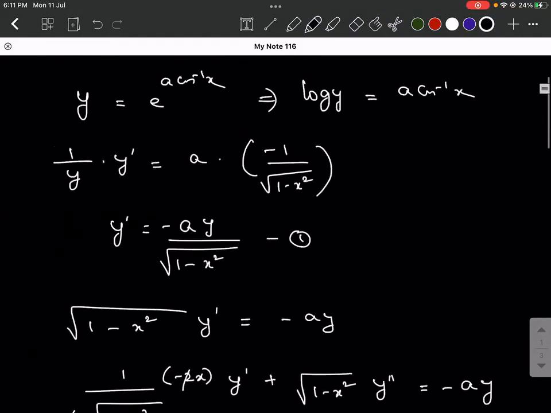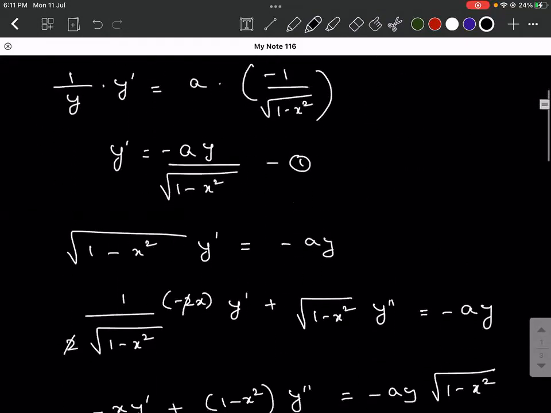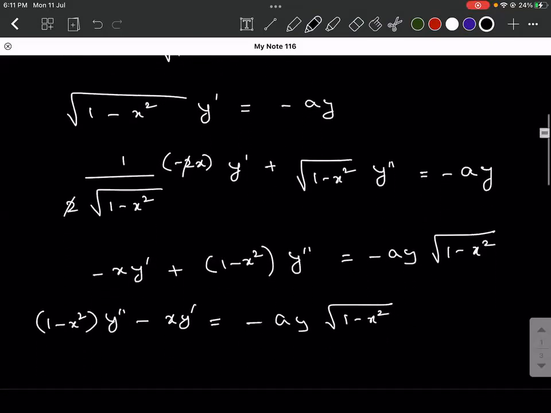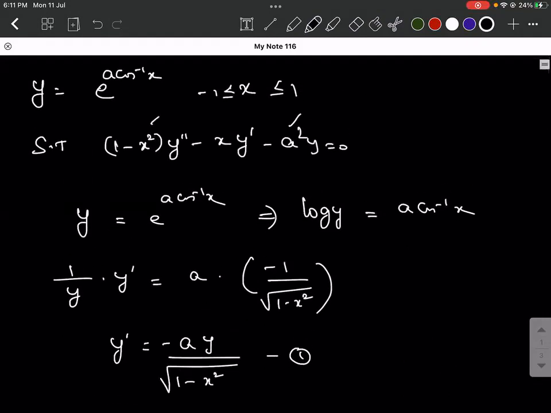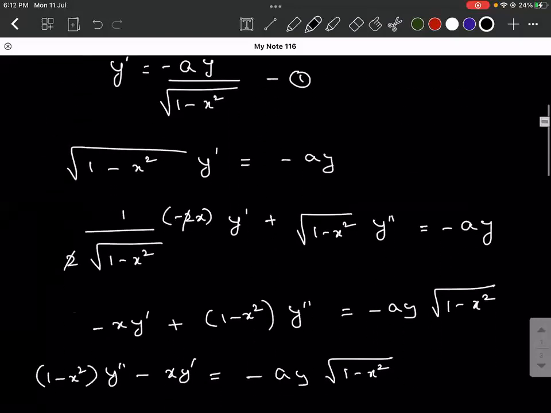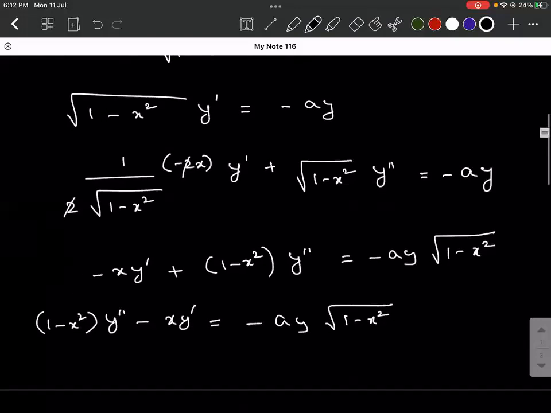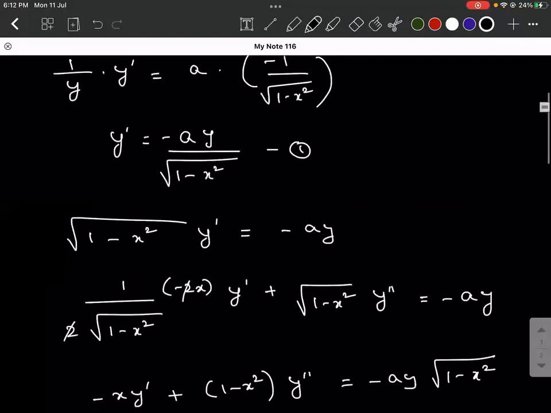If I'm able to prove that root of 1 minus x square is actually a, then I got the answer. This is what they asked: 1 minus x square into y double dash minus xy dash is equal to... Sir, it should be minus a, right?